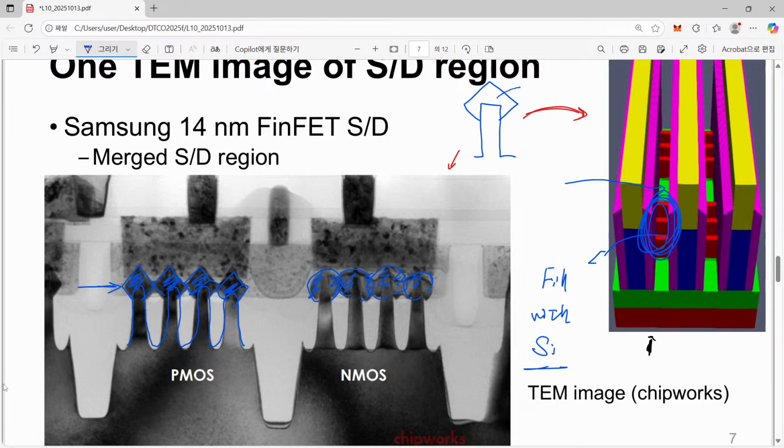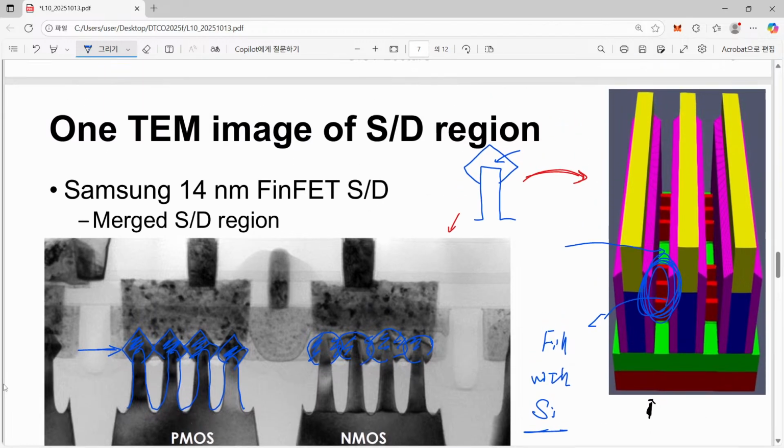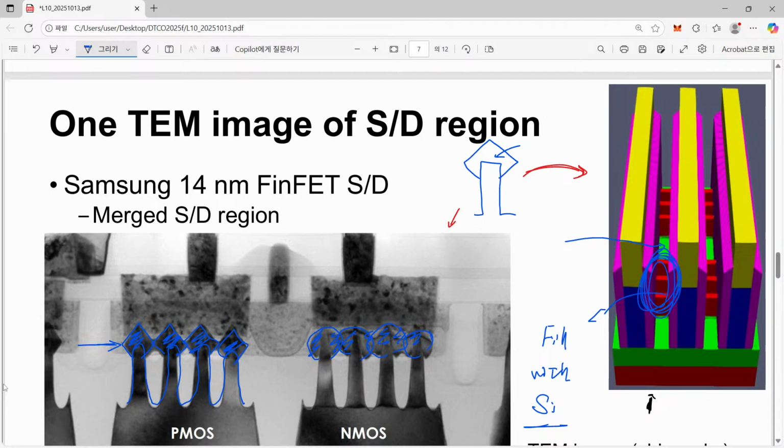So this new part is added to have the real source and drain. This is the important step for source drain epitaxial growth, and we adopt selective epitaxial growth. So we do not do any further patterning, just try to grow silicon on top of silicon, not on other materials. That is the key.